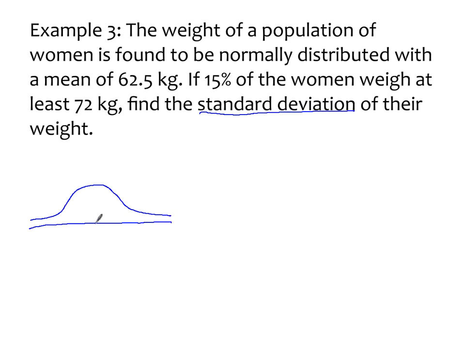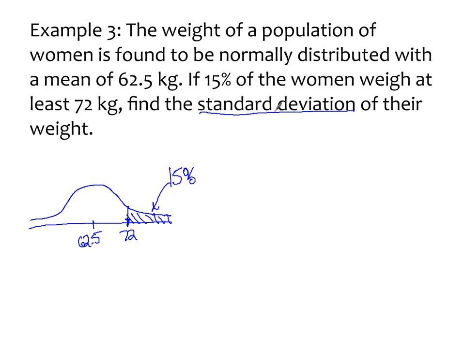Okay, so we've got a mean, 62.5. We're told something about 72. So put that over here. And what we're told is that 15% weigh 72 or more. So what that means is that this area is 15%.